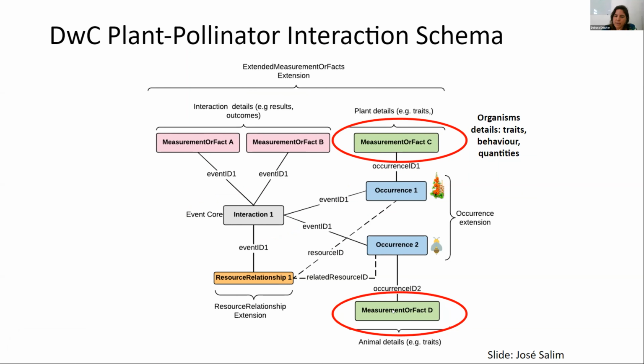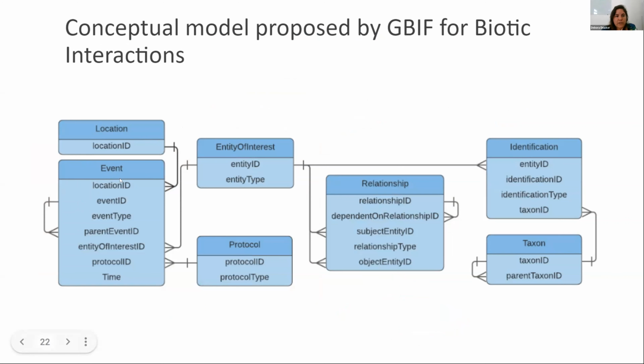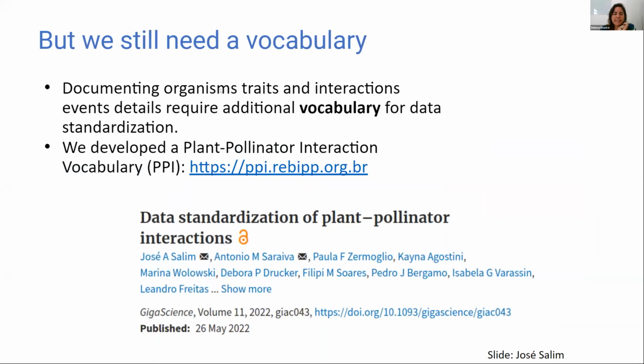The publishing model also, we can see the event core here. So we are working with the model and also with the vocabulary. And that's also described in the article that Jose led.